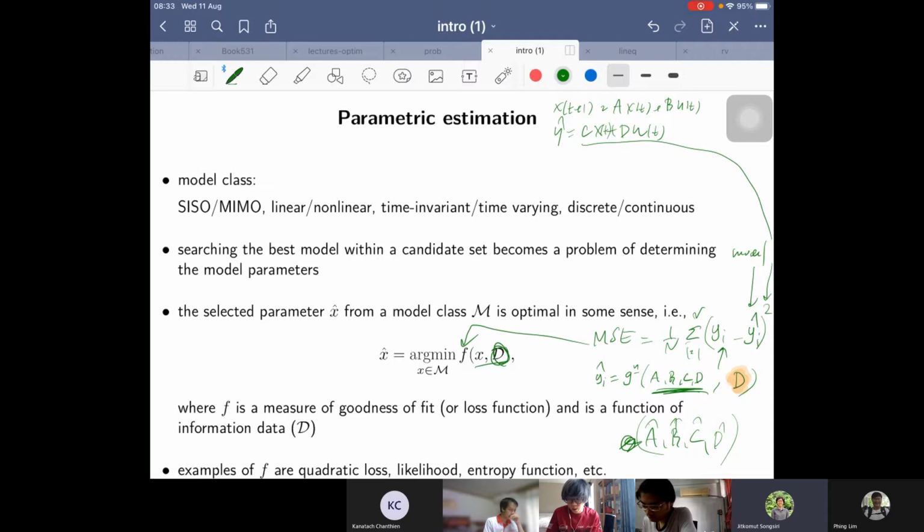So MSE is your f, and the notation x here is the system parameters. You want to find x that belongs to a model class, and then pick the one that makes f, which in our example is MSE, minimized.